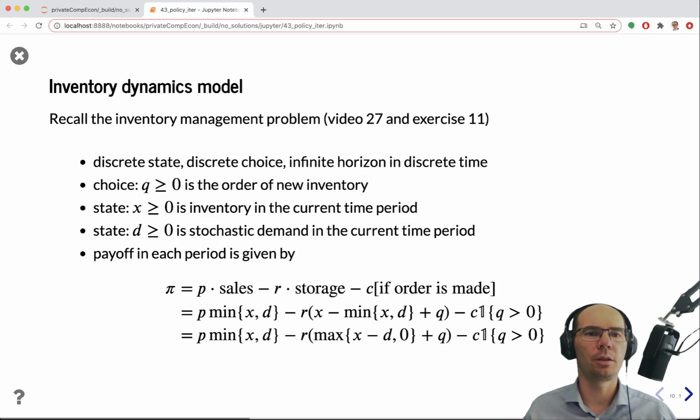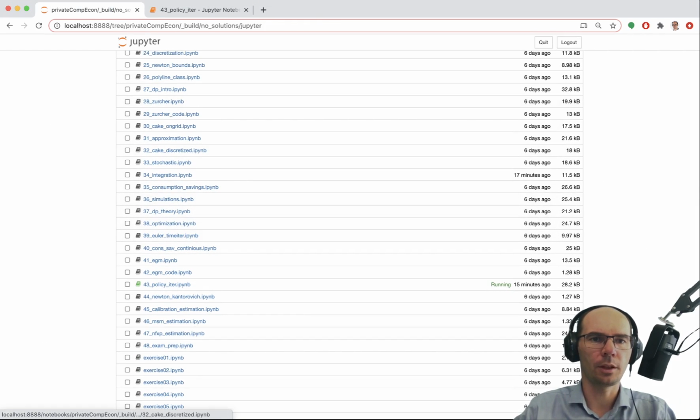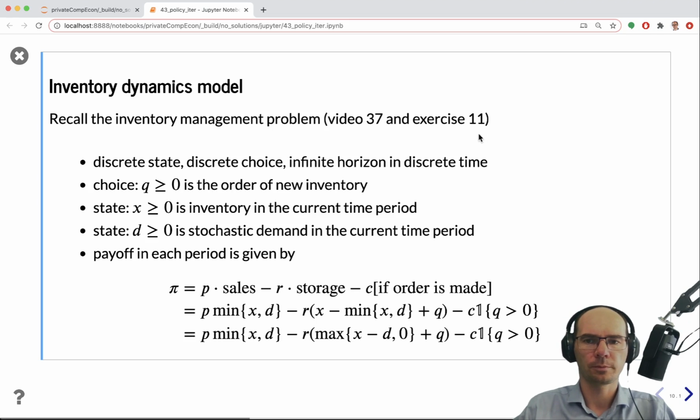But let's go back to the inventory dynamics model. We looked at it first in video 37, I believe. Yeah, that would be 37, and exercise 11, which also has a video.